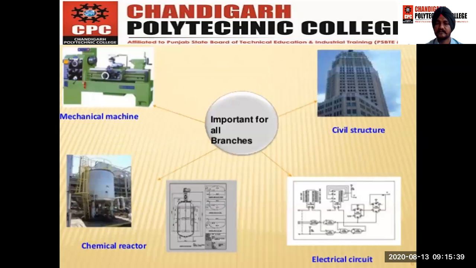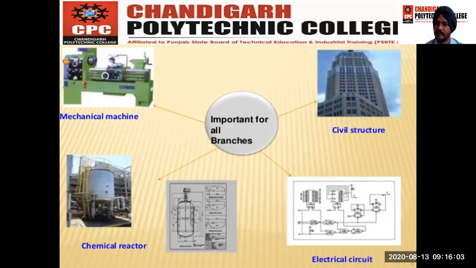Importance for all branches. What is the importance of engineering drawing for all branches? In mechanical engineering, the drawing is used to manufacture the different mechanical components, their parts, their machines. In civil structures, the drawing is used to construct buildings.